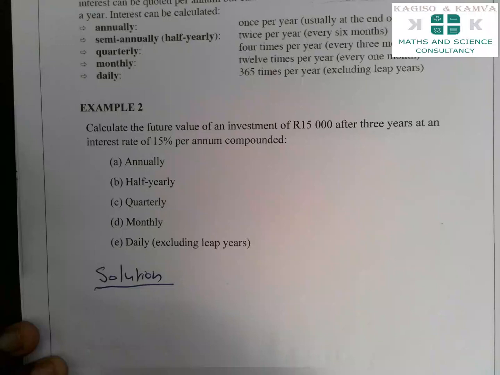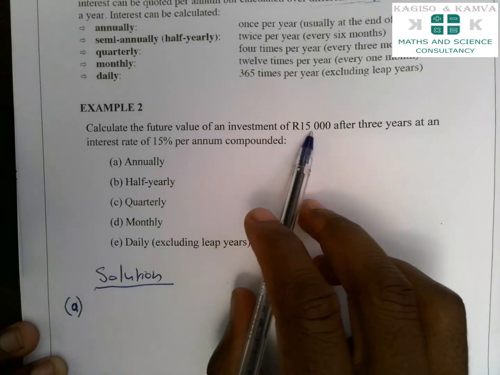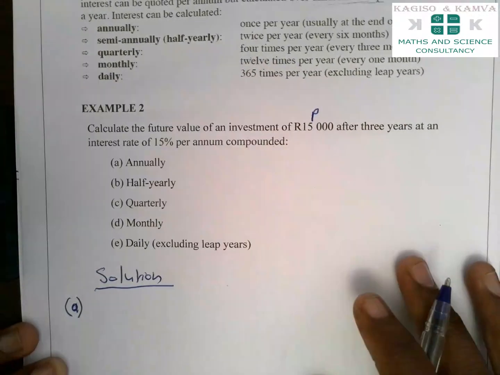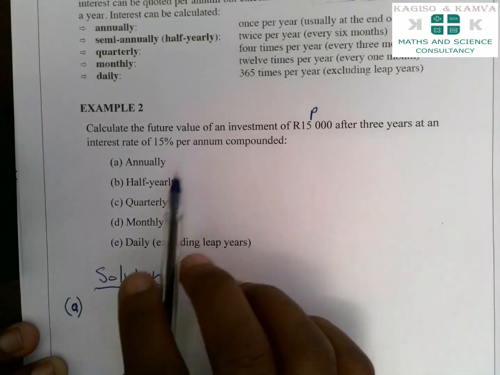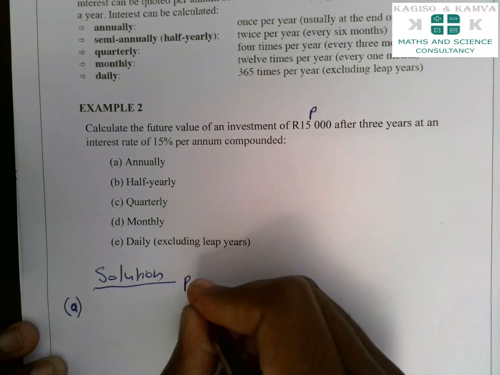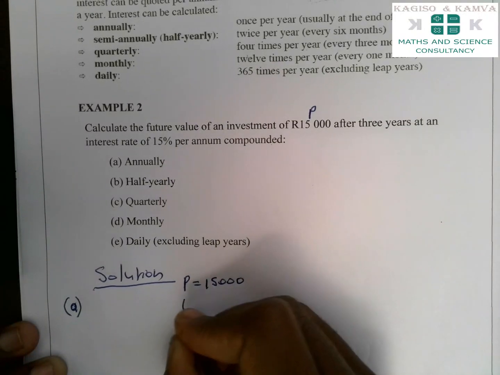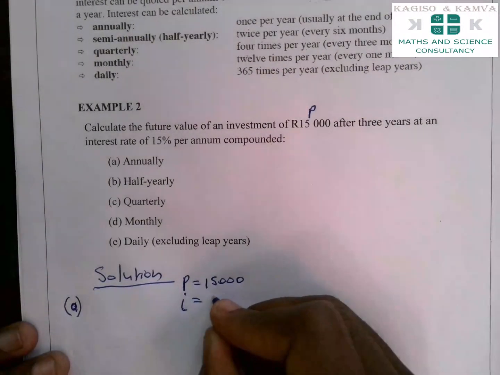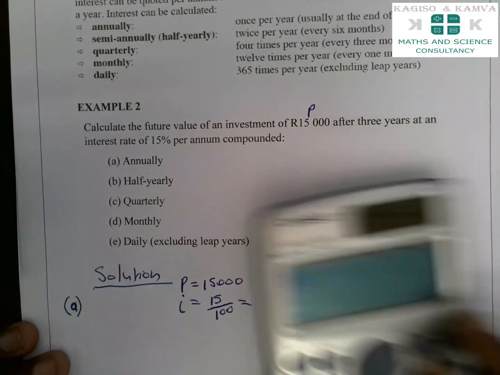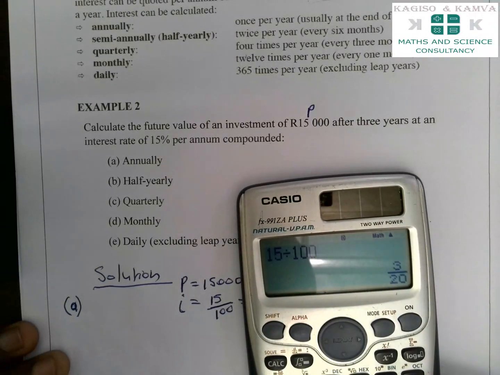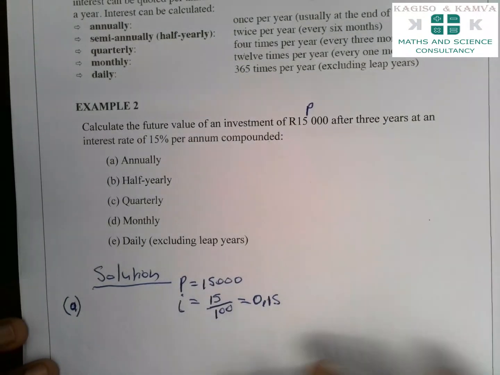P is the present value, so P is equal to 15,000, and i is equal to 15 divided by 100, which is 0.15.